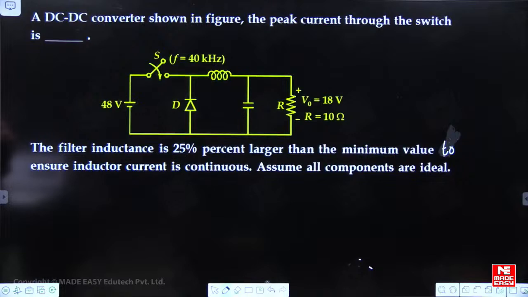Yes, students. Yeah. What is the answer?